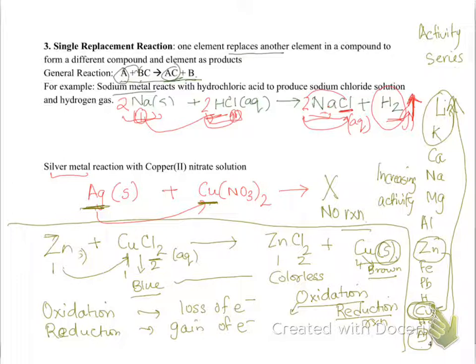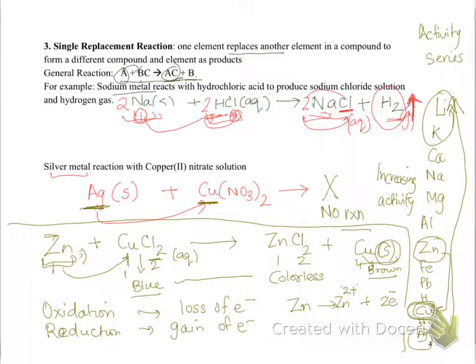So here, look at the reactants. You always look at the reactants, you don't look at the products. Look at this metal. This will lose the electrons. How many electrons will it lose? 2 electrons, and so it's going to have 2 positive charge.